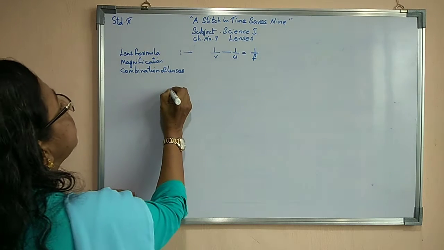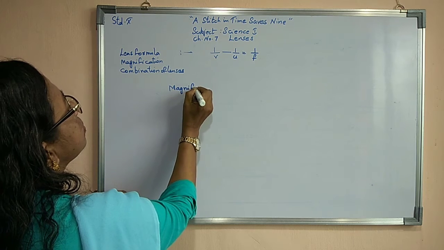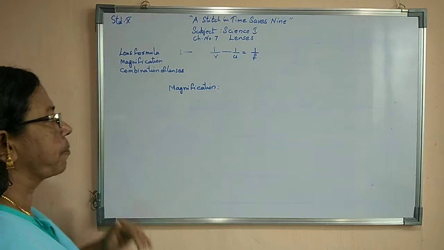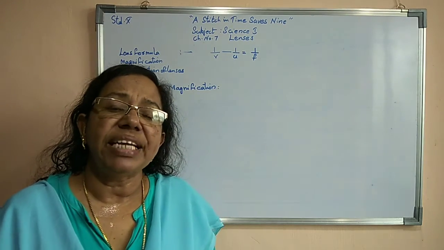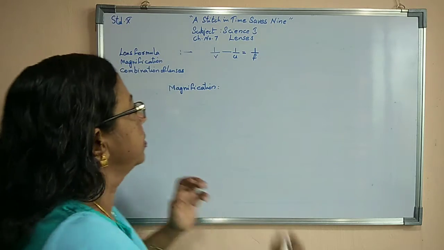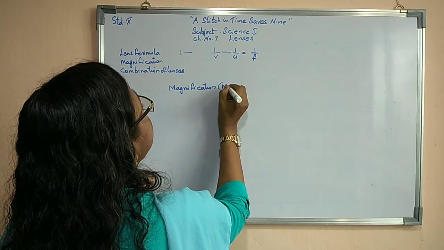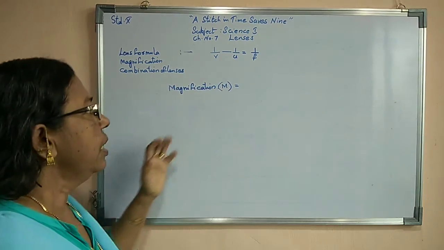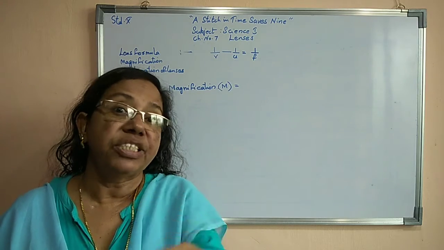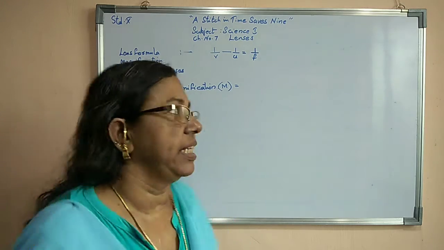So magnification is a formula we have to study now, and it's a definition. Now what is magnification? Magnification of a lens, symbol capital M, is the ratio of the height of the image to the height of the object.